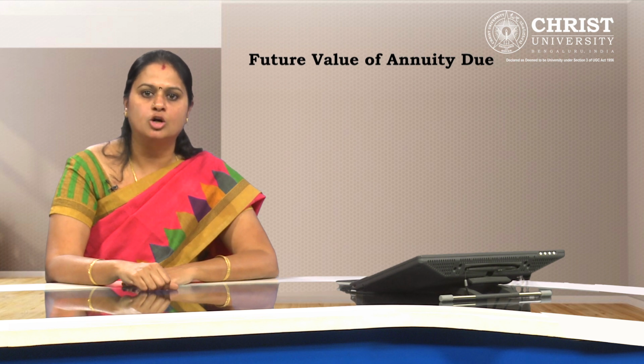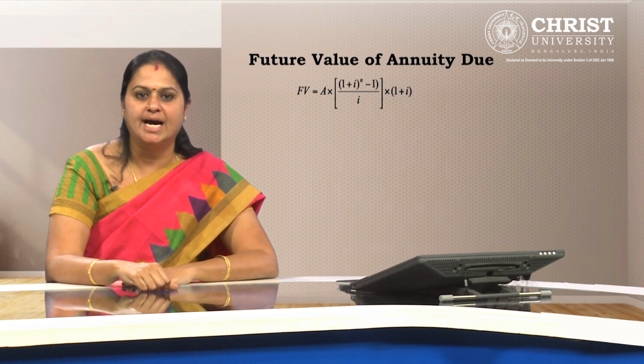How do we calculate the compounded value of an annuity due? Take a look at the formula you would use here. That is, FV equals A into 1 plus i raised to n minus 1 the whole divided by i multiplied by 1 plus i.